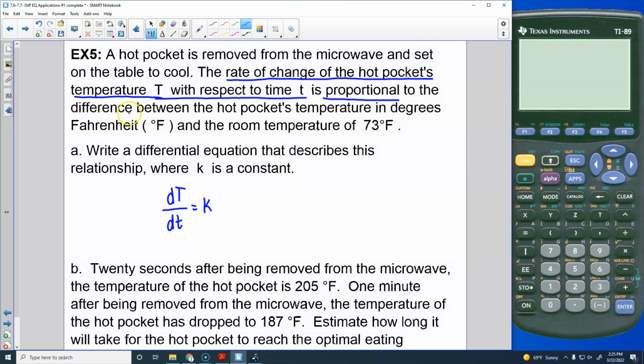To the difference tells me I'm going to subtract something between the hot pocket's temperature and the room temperature of 73 degrees. I think technically we could do 73 minus T, but we usually do T minus 73. Well, no, whenever you say difference, whichever one comes first has to go first. So, T minus 73.